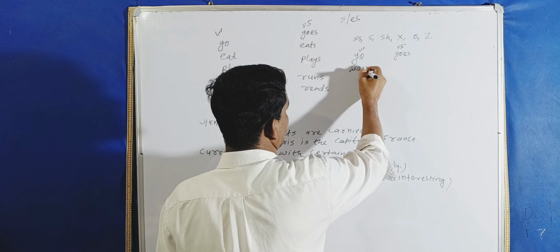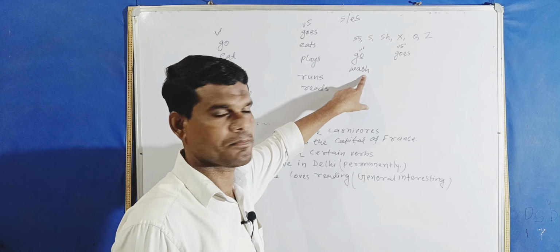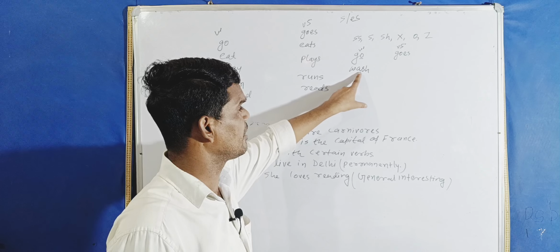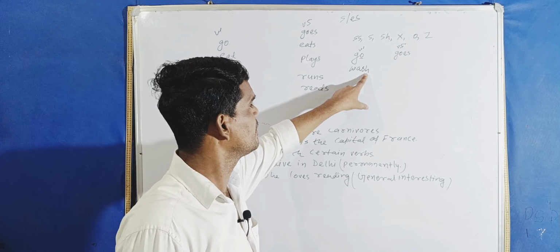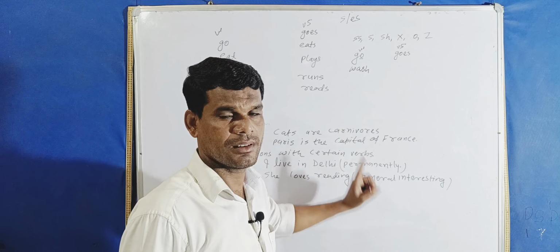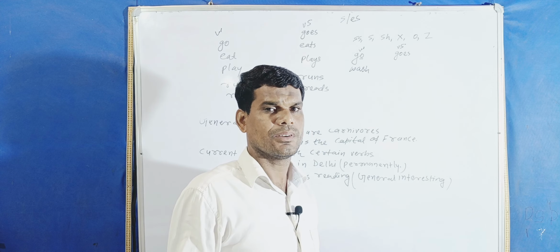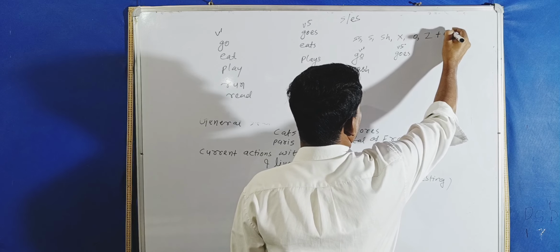Wash. This is verb 1, and at the end of this verb sh occurs. When we make this verb 5, we have to add es.